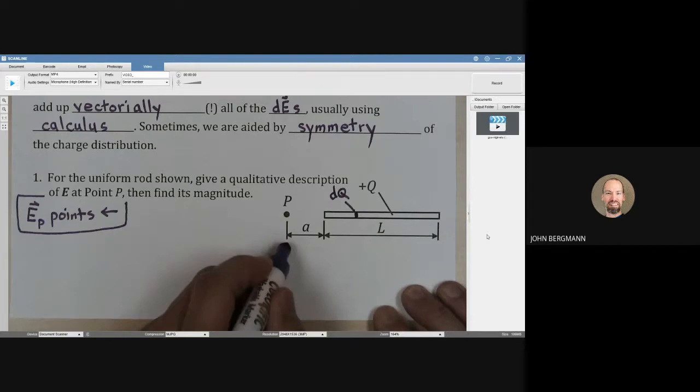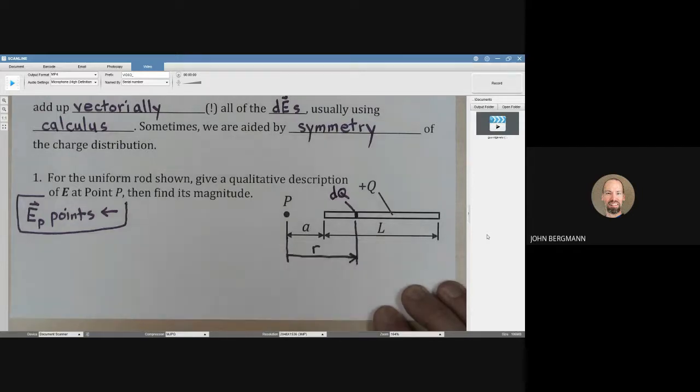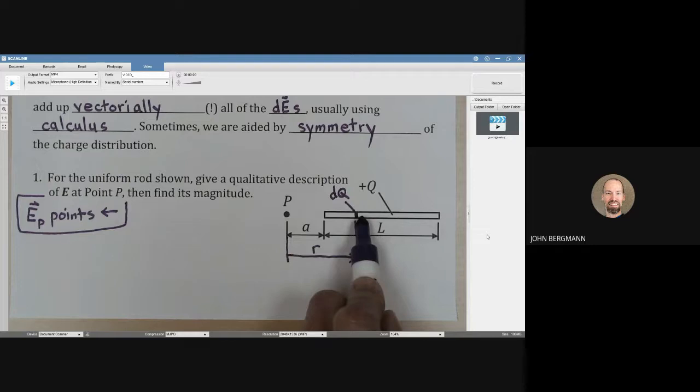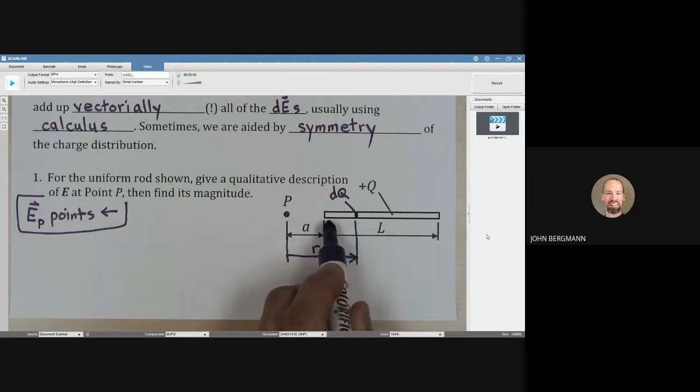And you can see that he is a distance r away from point P, and therefore he contributes a little dE, a little electric field. However, the dq here, or here, or here, they have a different dE magnitude that they contribute. So we have to take into account each one of those and then add them up. And this is where calculus comes in.